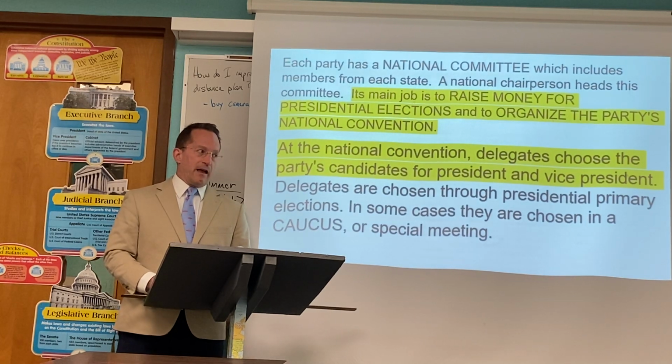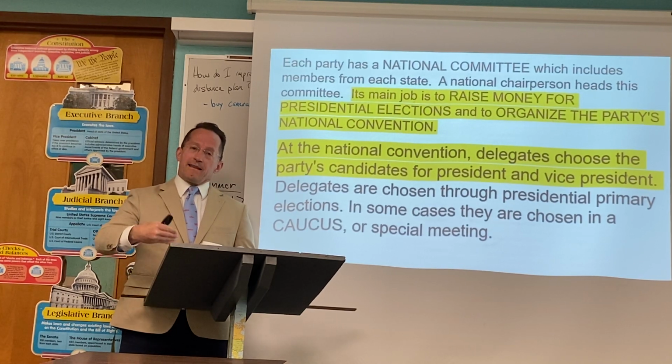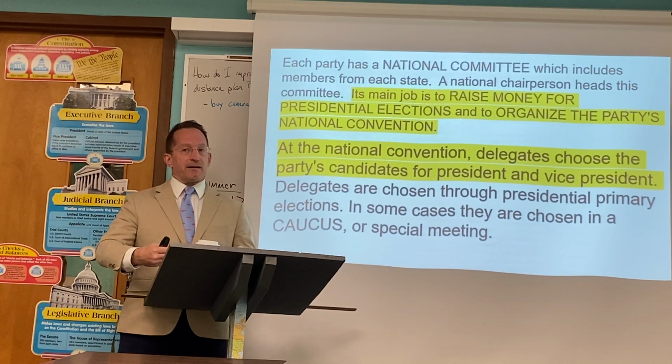Humans are humans, and people argue and try to convince each other, and frankly, sometimes they'll do deals. Support me now and I'll support you later type stuff. So the delegates would argue and debate, and if there was ever a tie, my assumption would be the delegates would debate, vote again, and then pick their party's candidate for president.